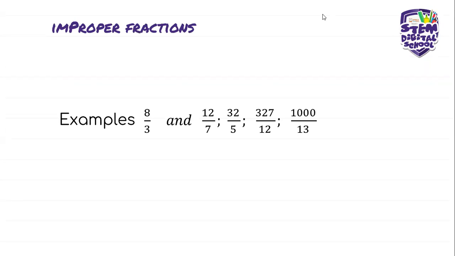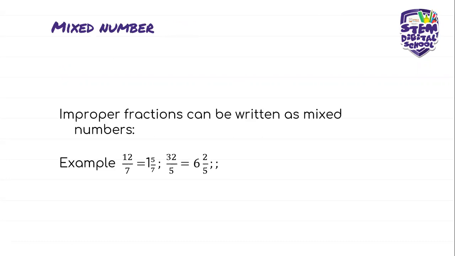And of course, we also have what we call mixed numbers. How do we get the mixed number? We get the mixed number from the improper fraction. Now, if you simplify the improper fraction, you can write that as a mixed number.